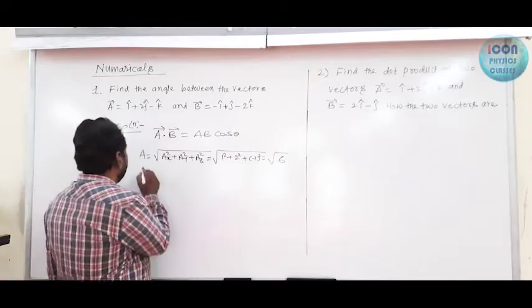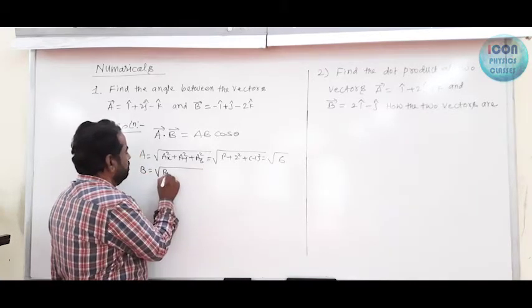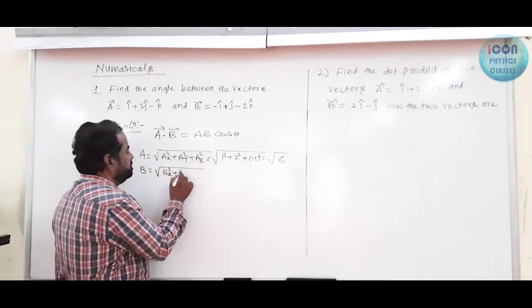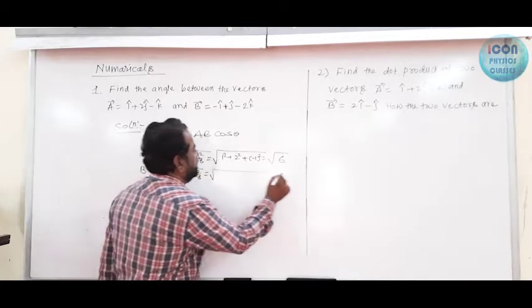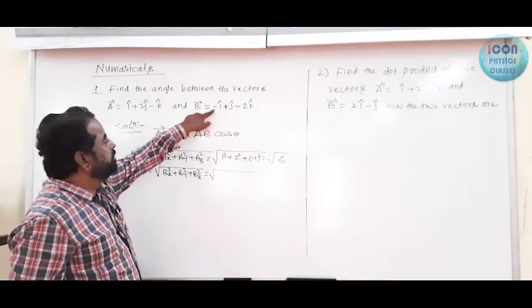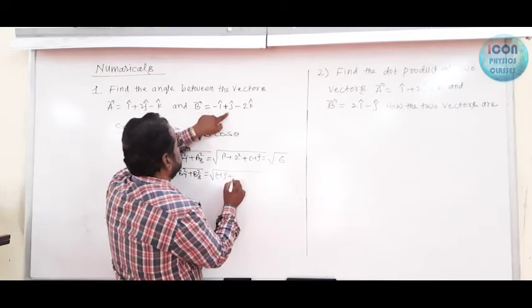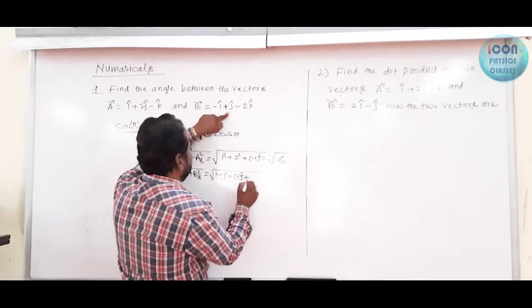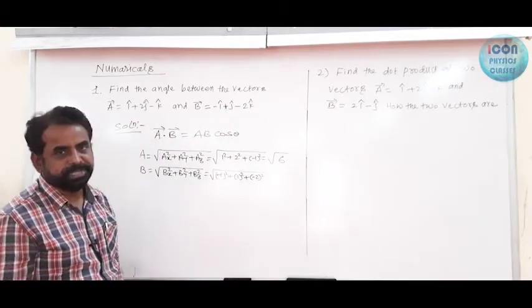Similarly, what is the magnitude of vector B? Root of Bx square plus By square plus Bz square. That is, orally, minus 1 square plus 1 square plus minus 2 square.